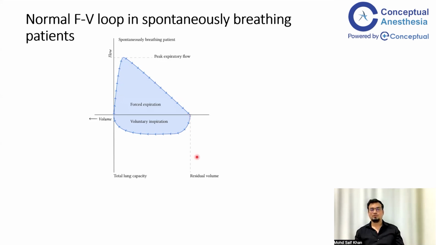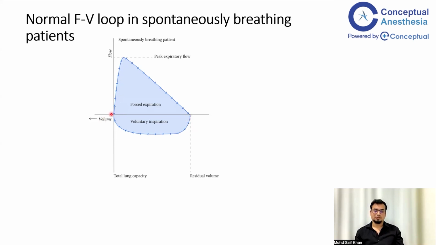Still you will have some volume of air left in your lung, and that is your residual volume. So you start from total lung capacity after maximal inspiration, expire completely, and at the end of expiration, whatever is left in your lung is the residual volume.